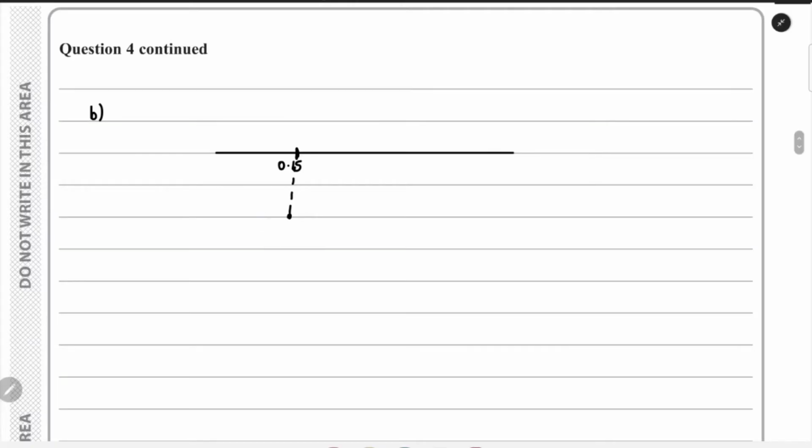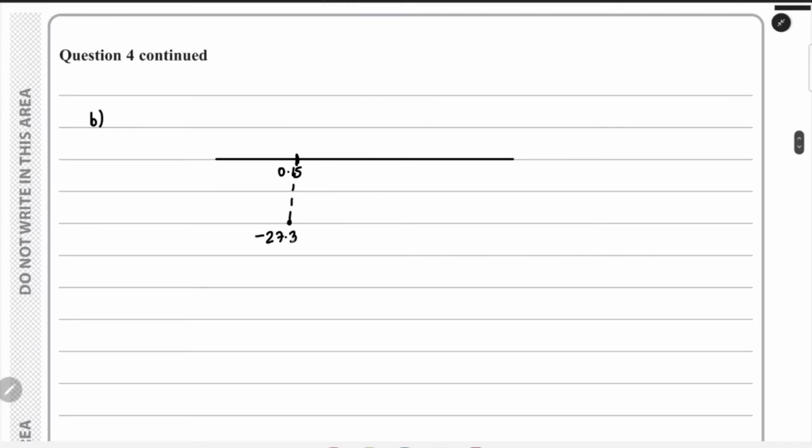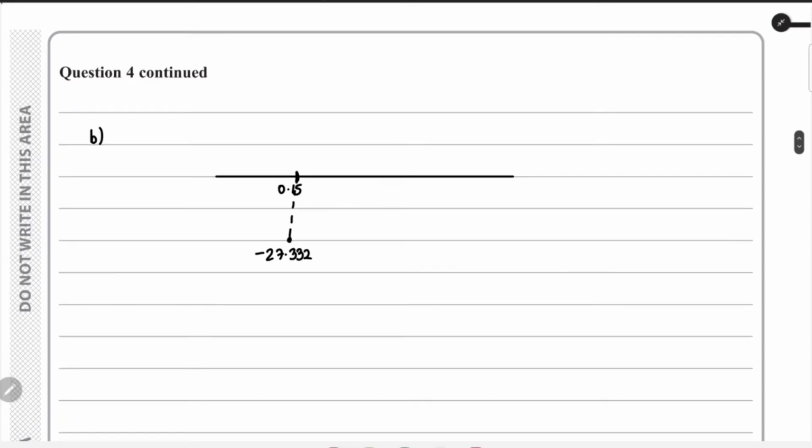So I'll sketch it out. At 0.15, the value of f of x, or f of 0.15, is minus 27.332500956. So this length over here is 27.332500956.